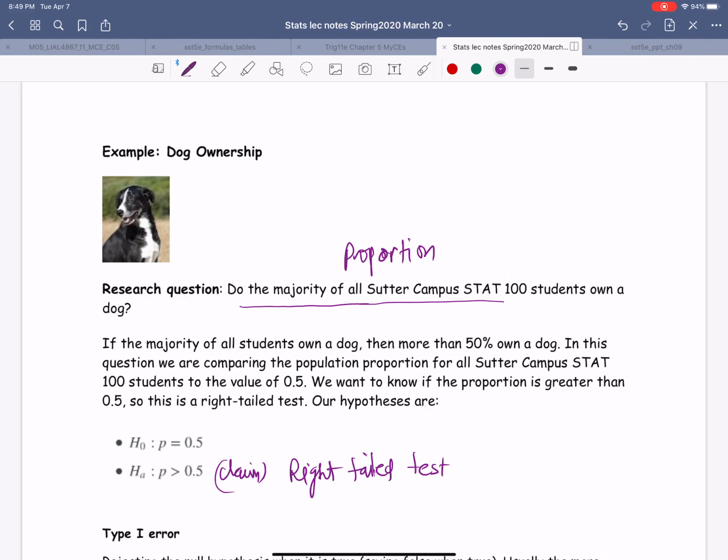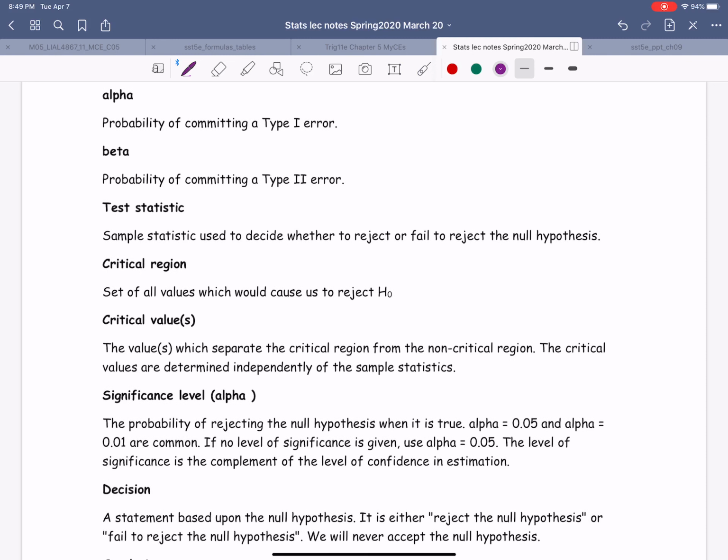Okay, next we're going to look at alpha, the probability of committing type 1 error, and beta, the probability of committing type 2 error. Test statistic is the sample statistic used to decide whether to reject or fail to reject the null hypothesis.